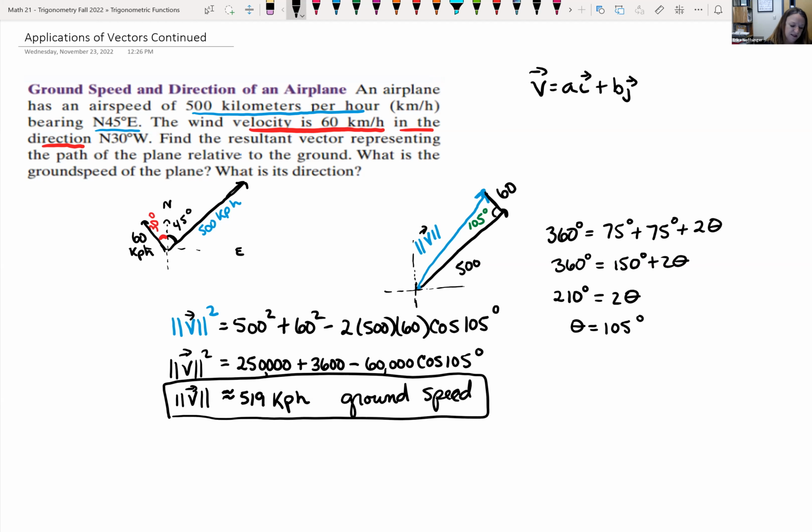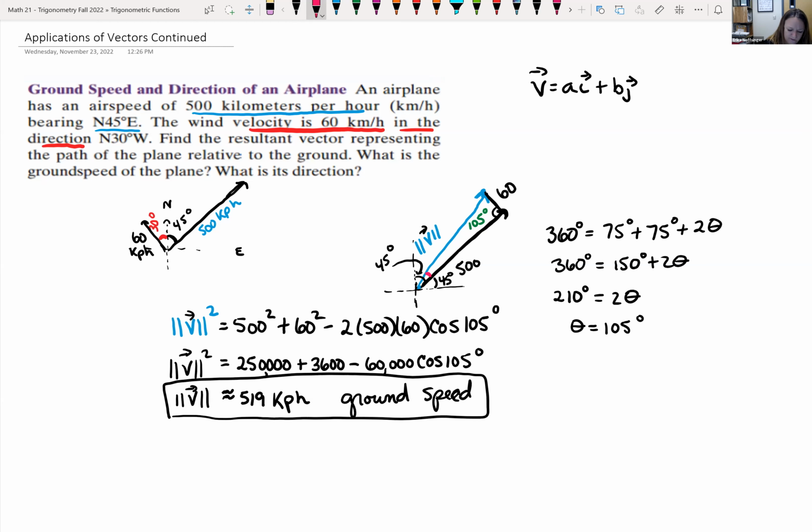Well, we know this vector here that has a magnitude of 500. Well, it was northeast 45 degrees. So I know from standard position, this is 45 degrees. So I want to find this angle inside my triangle.